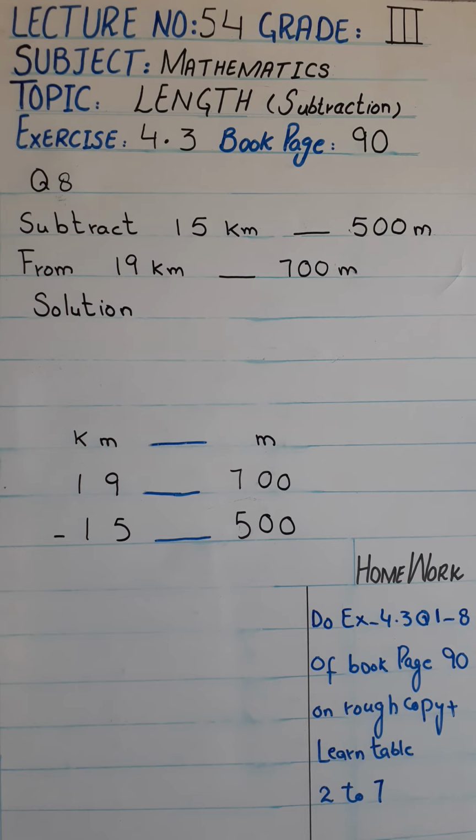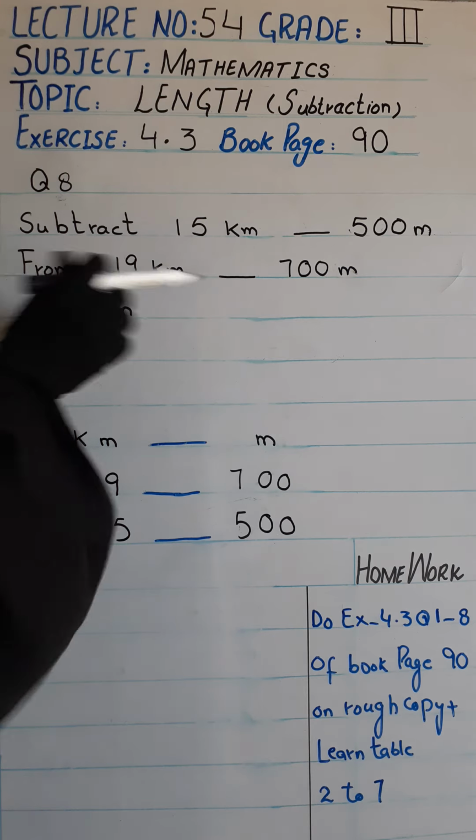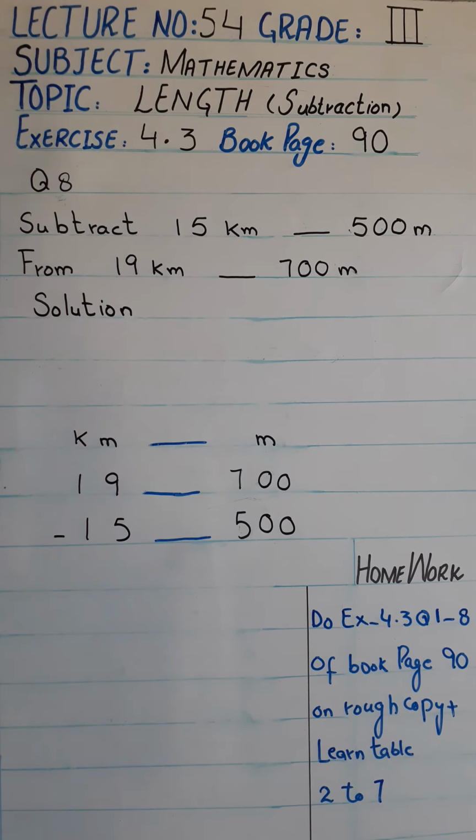First write the second given quantity with units, and then subtract the first quantity. Clear? If you arrange the question correctly, you face no problem in the solution.